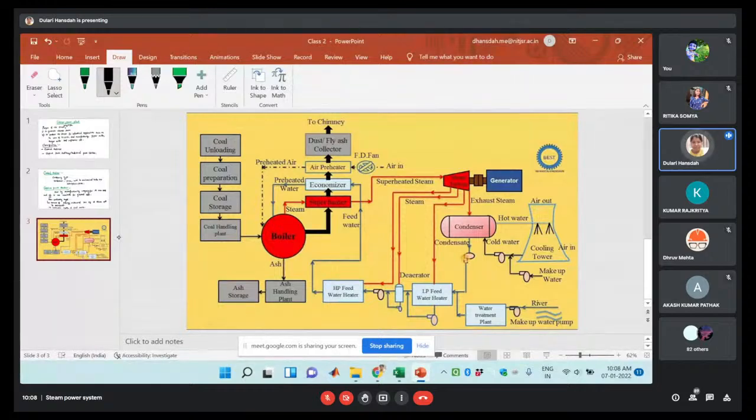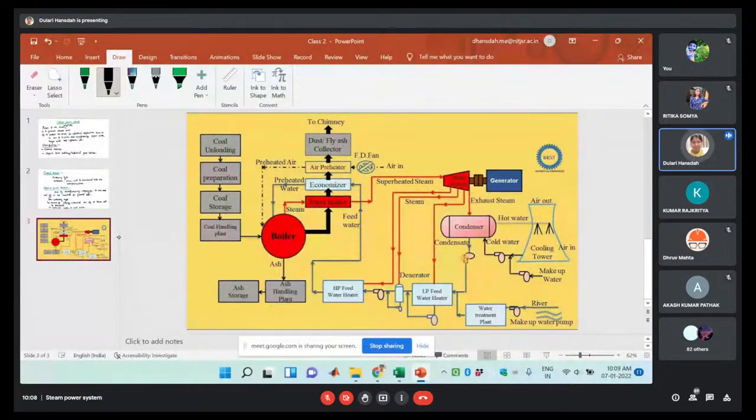Then it will be fed to the economizer with the help of the high pressure feed water heater. In the economizer, there will be an exchange of heat from the flue gases to the feed water. So preheated water will enter the boiler.